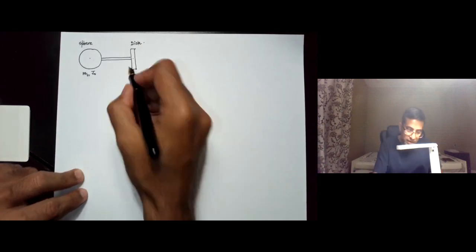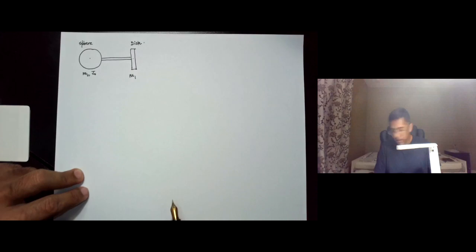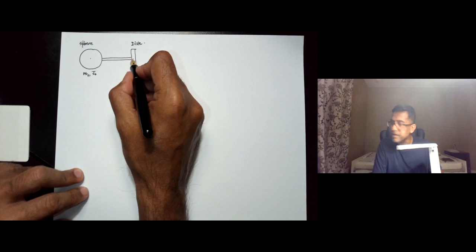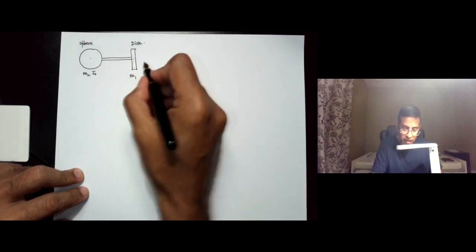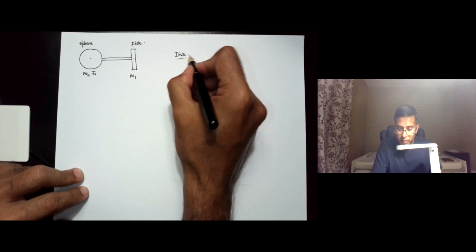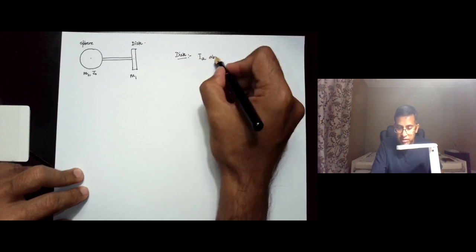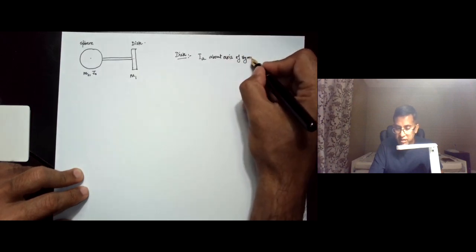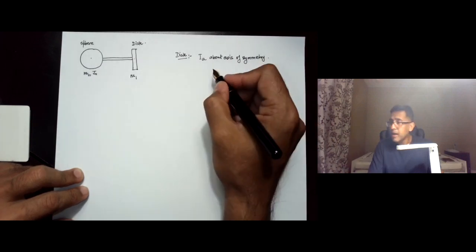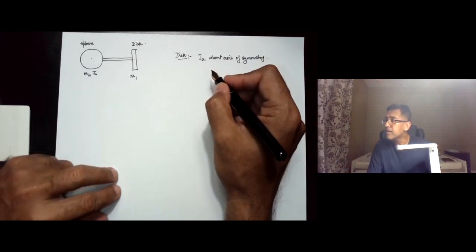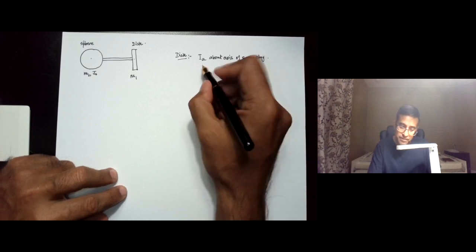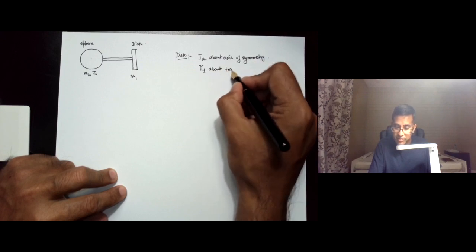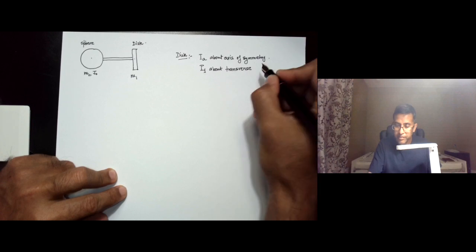For the disk, it has a mass of m1 and its moment of inertia is IA about the axis of symmetry, and I1 about a transverse axis.